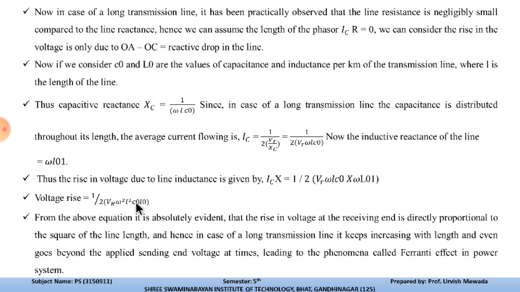Thus the rise in voltage due to the inductance is given by ICX, which is 1 upon 2 VR omega L C0 into XL, that is, omega L L0. So the voltage rise is 1 upon 2 VR omega square into L square C0 L0.